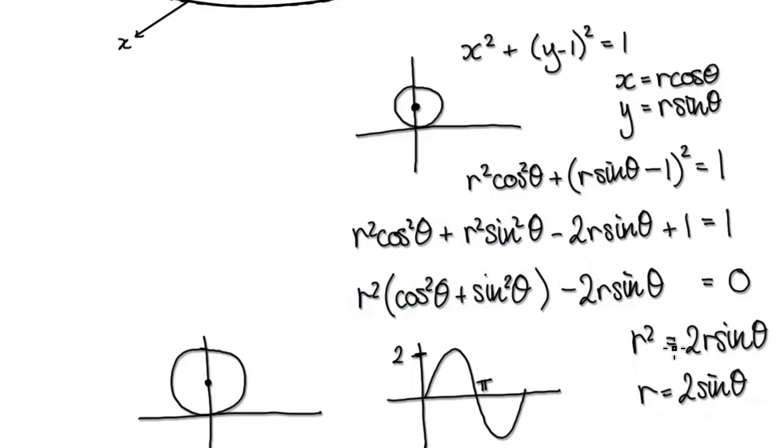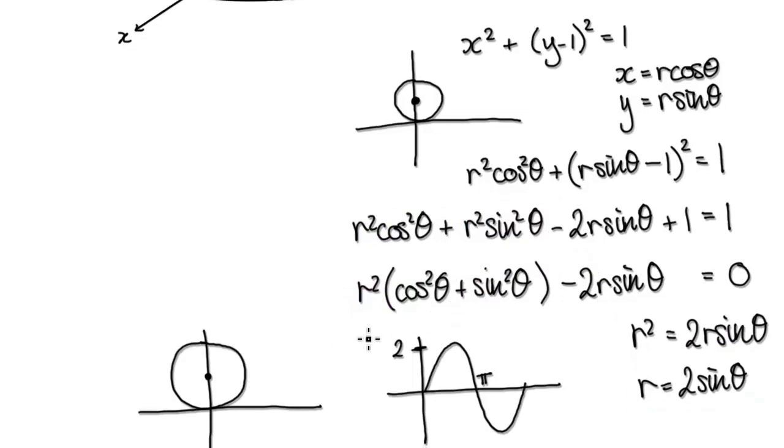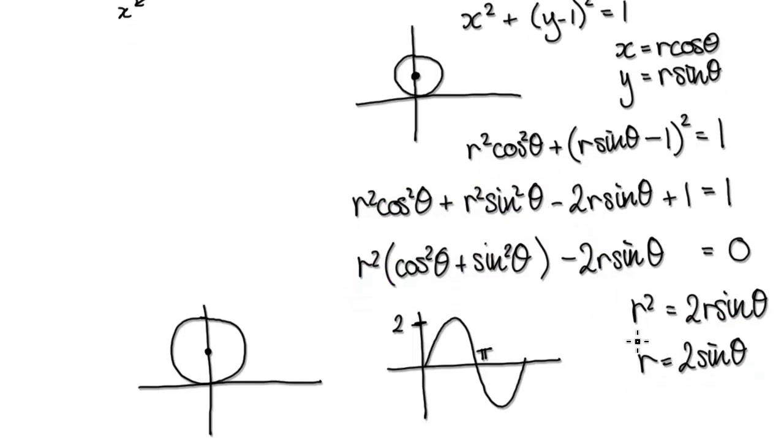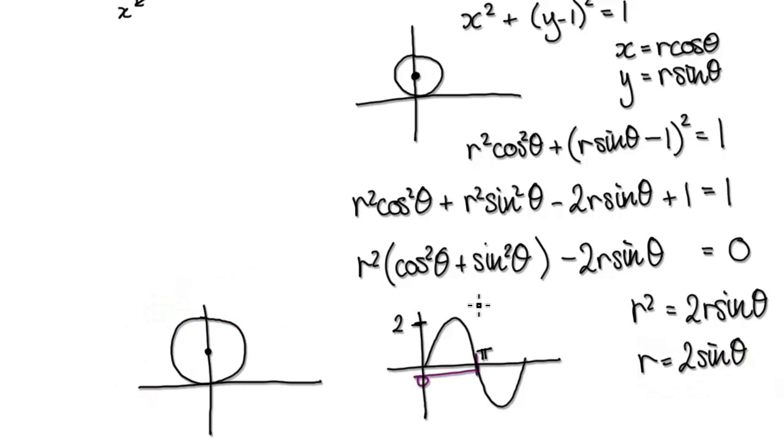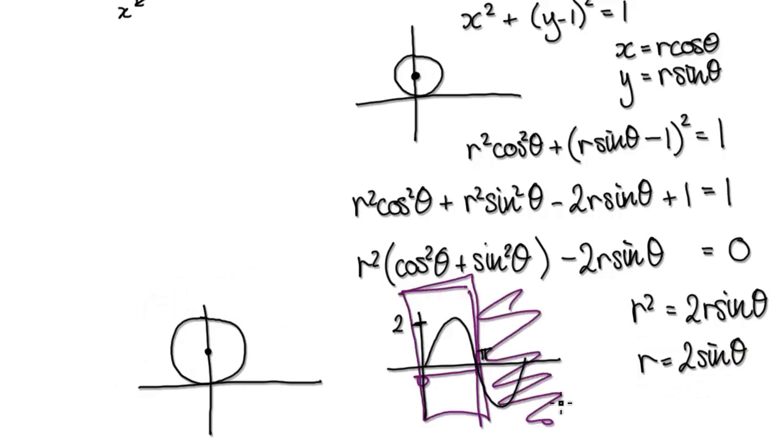What I'm trying to say here is that in 2D, if you plot this graph, r versus theta, you're scanning like this from an angle of 0 to an angle of pi. So you're only interested in this region here. You ignore this bit here.